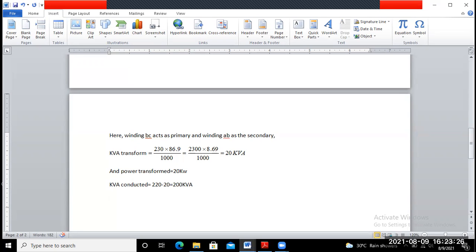So the power conducted is equal to 200 kilowatt at unity power factor.